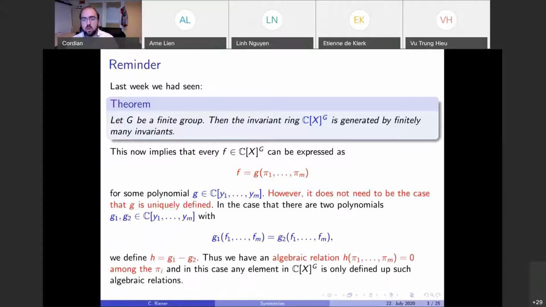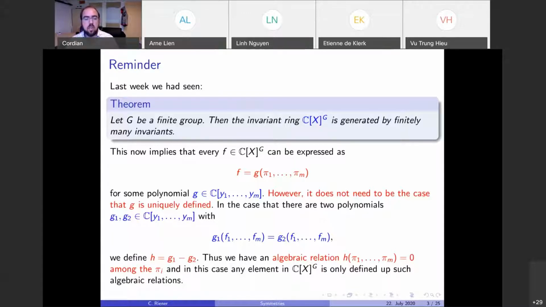Note, we also discussed this briefly last week, that this representation does not have to be unique. Even after we have fixed pi_1 to pi_m, the g is not necessarily uniquely defined. There might be two polynomials, say g_1 and g_2, that give the same representation.